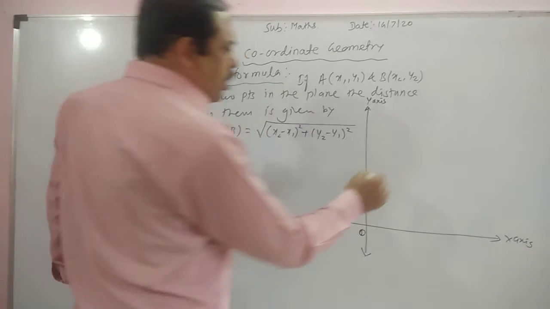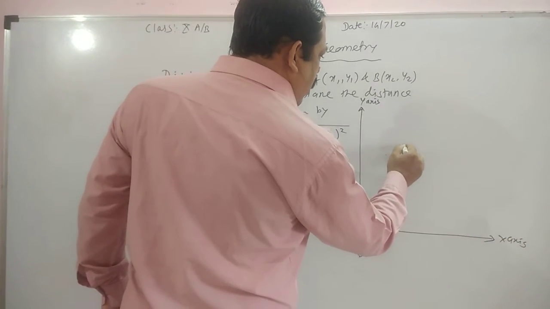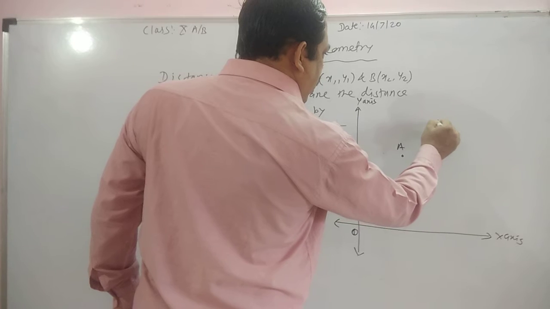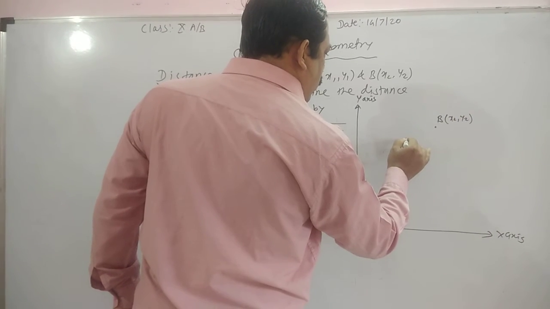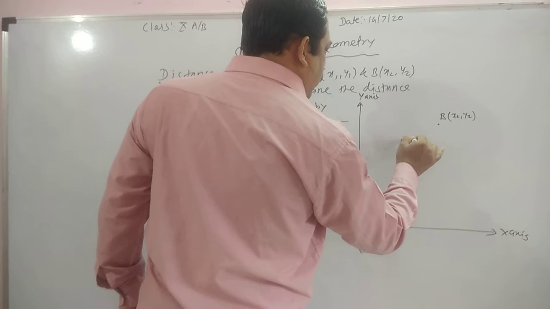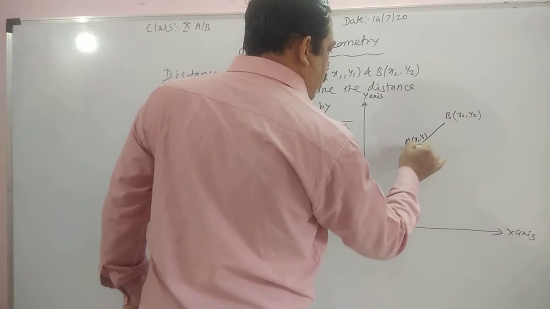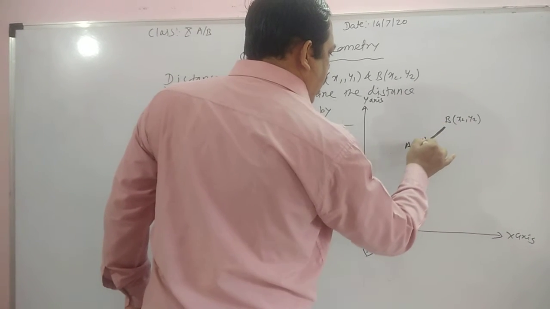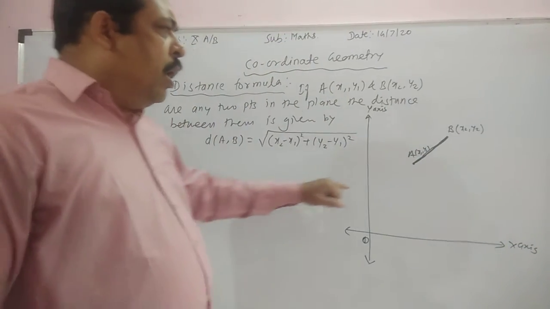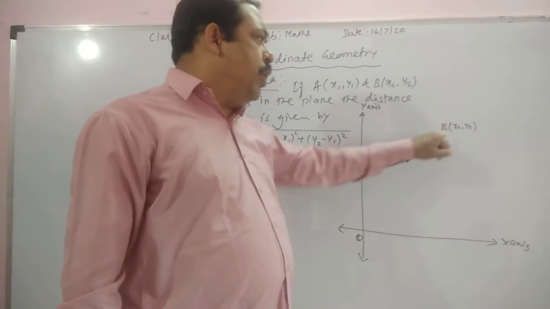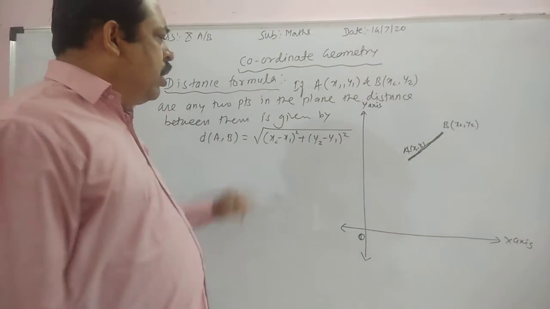Then I consider the 2 points, point A and point B, with coordinates x1, y1 and x2, y2. I join the 2 points, A and B. I have to find the distance between the 2 points A and B by using this formula.